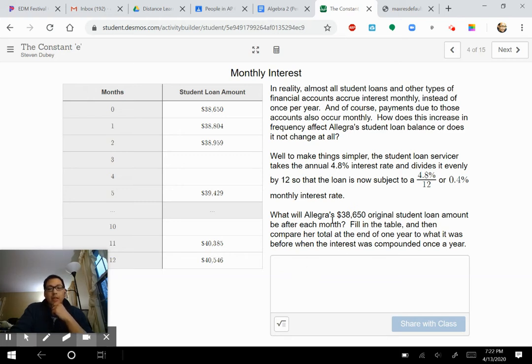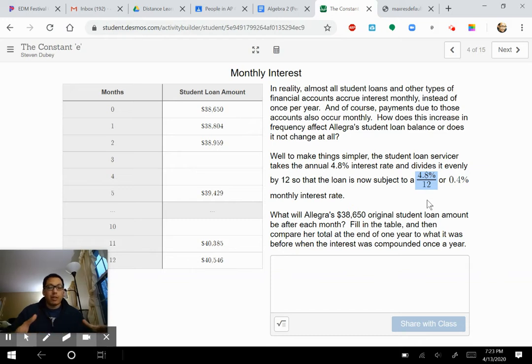So what's happened here? It's actually changed how much she'll owe by the end of the year, even though all we did was say, just take her annual interest rate, her annual growth rate, and divide it by 12. Why is it any different? Well, if you remember, the way that compounding works is that interest is kind of being added onto itself.